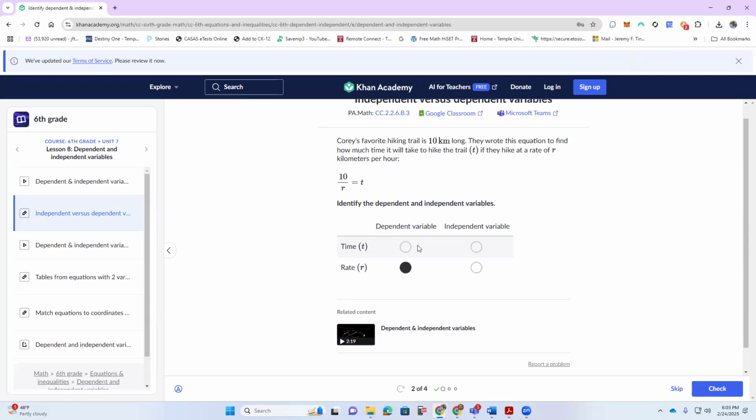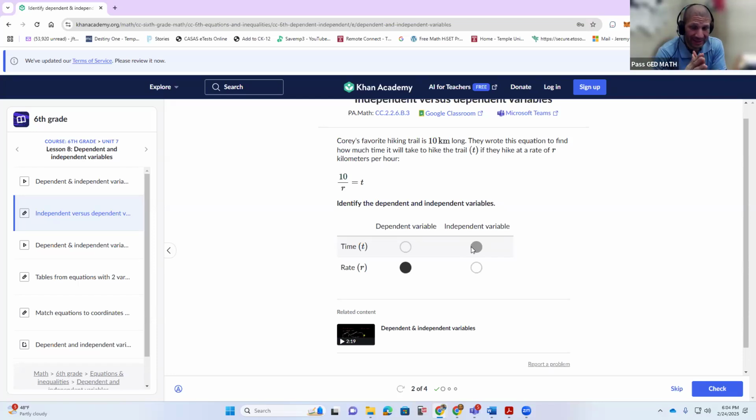Yes. So T is independent. No, T should be the answer. T is the answer? You said T is the answer. What is the question asking? The question is asking which variable is independent and which variable is dependent.